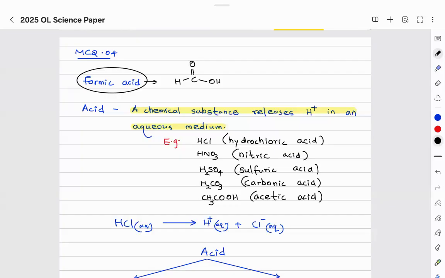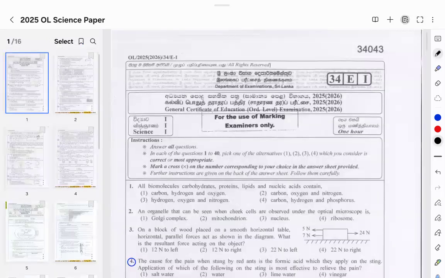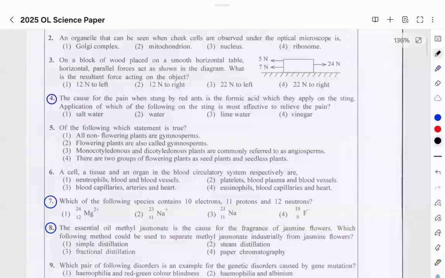Then try to understand how to neutralize an acid. In question number 4, they're asking the cause of the pain when stung by red ants, the formic acid, which they apply on the sting. Application of which of the following on the sting is most effective to relieve the pain? Then we have to put the opposite thing.